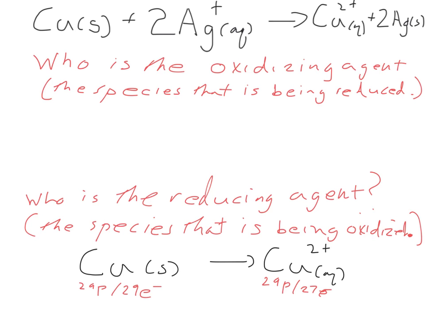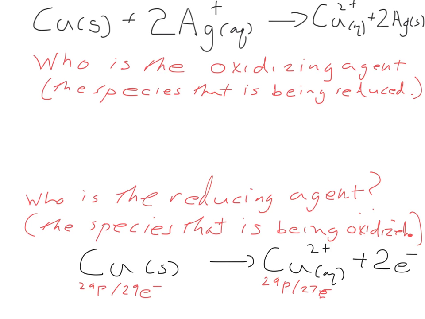Speaking of which, at the moment, the way I've written this chemical equation, I've destroyed matter, right? Because over here, I have 29 electrons, but over here I only have 27. So because my copper's lost 2 electrons, and I don't want to destroy matter here, I'm going to write those 2 electrons out there.